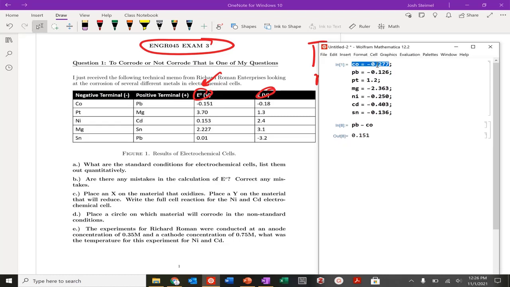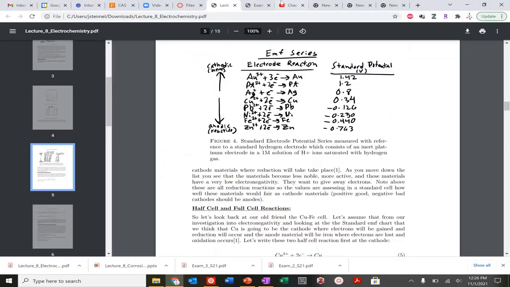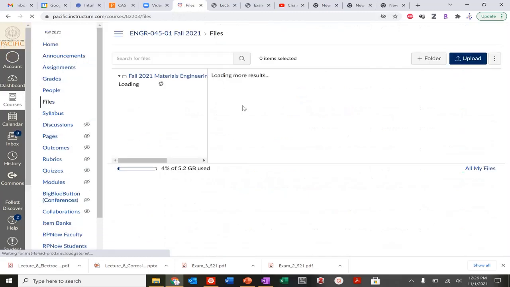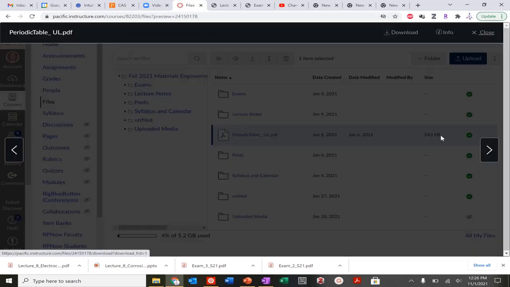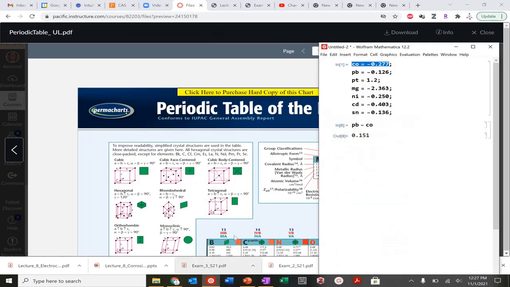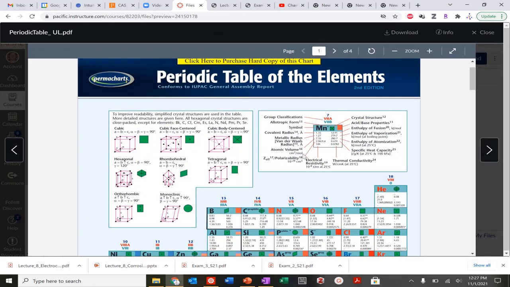That kind of makes sense too, because look at Pb and Co. Co is much less electronegative, and actually we can double check this. Let's go look at our periodic table and confirm this ourselves for this first one so that we know what we're doing.